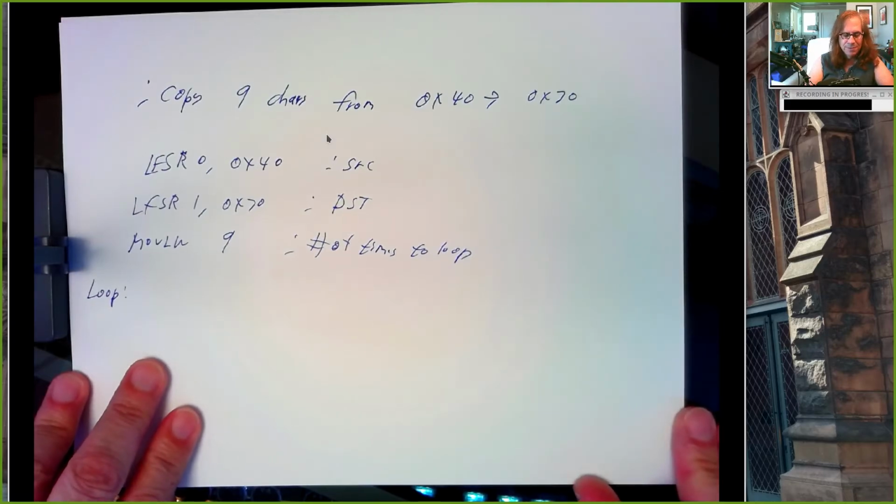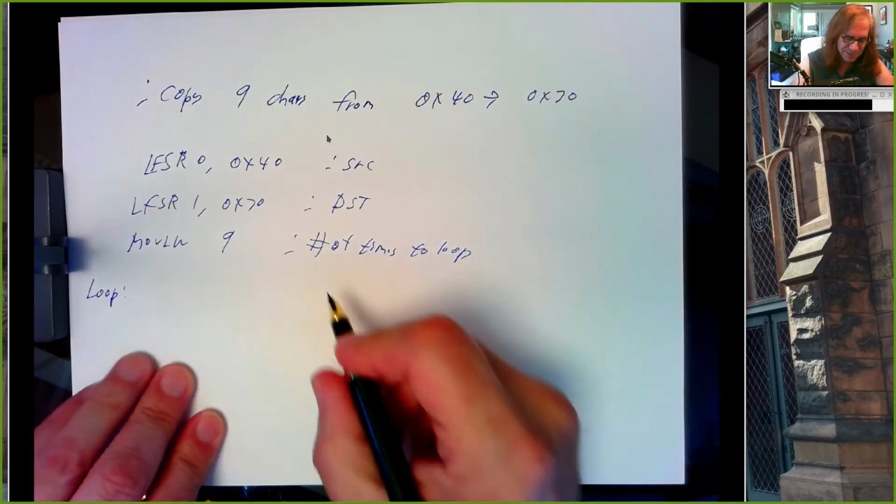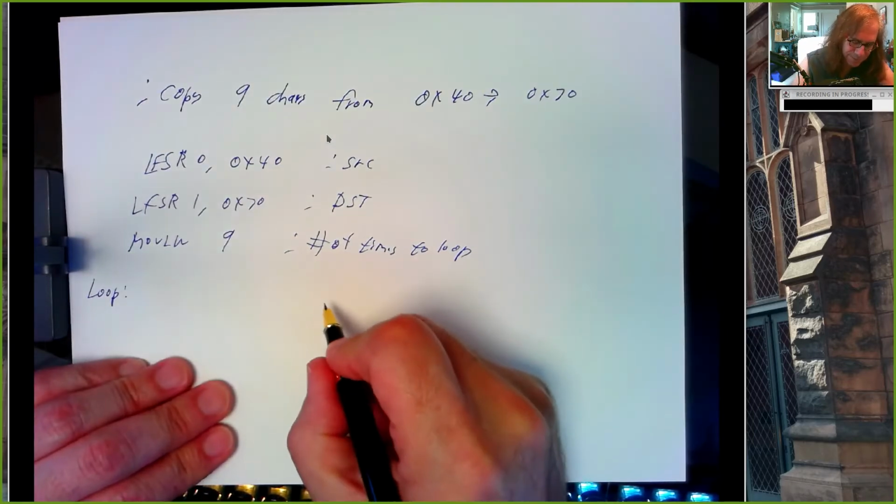Each iteration of the loop, you'd take the item at the file location in FSR 0, move it into W reg, and then move that specific item into the W reg of the destination, and then increment both, right? Awesome.